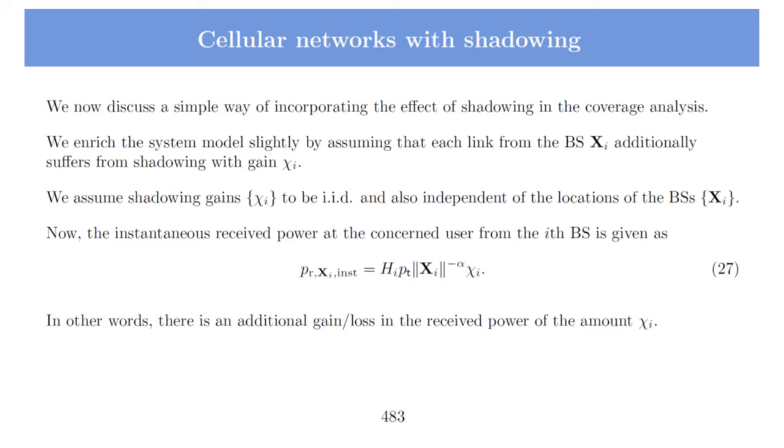So the total instantaneous received power at the concerned user from the ith base station would be equal to h_i, which is the normal fading, P_t is the transmit power, norm x_i to the power minus alpha denotes the path loss, and psi_i, which is the shadowing gain. So basically it's an additional gain or loss in the received power.